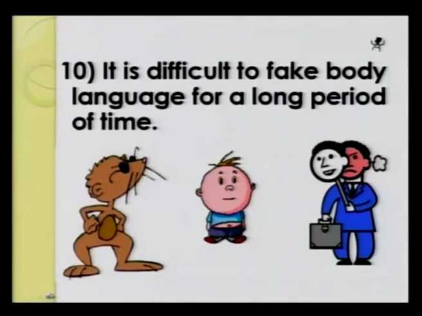One, it is suggesting that it may be easy to fake, that is to pretend or to show something which you are not, for a short period of time, but not for a long period of time. It is difficult to fake body language for a long period of time. So again, if you think it is true, say true or simply write T. If you think it is false, say false or just write F.